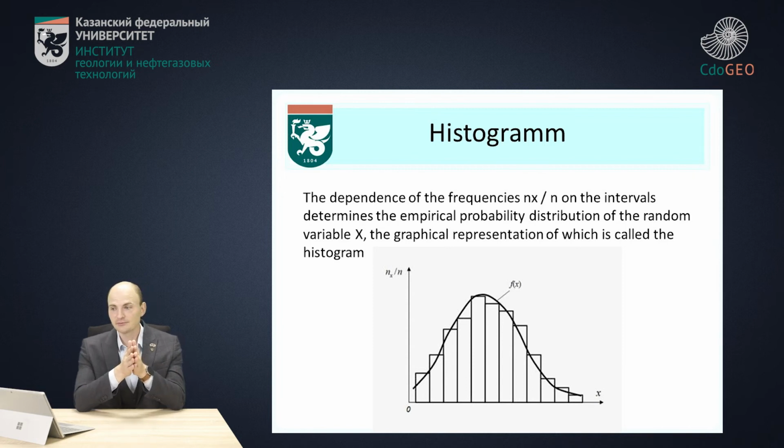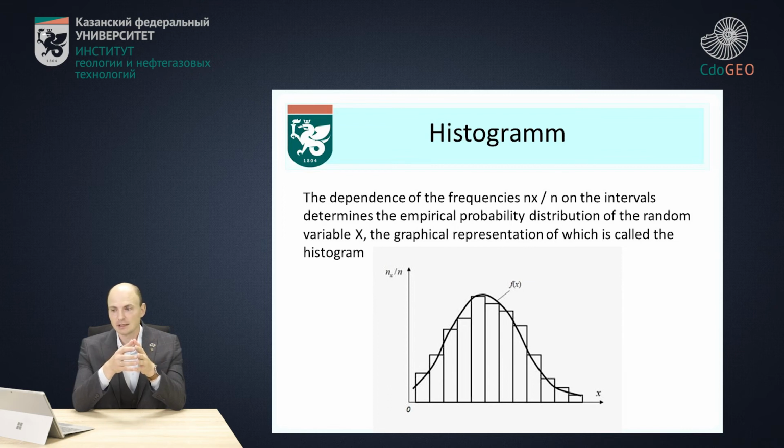The dependence of the frequencies on the intervals determines the empirical probability, and it can be shown as a histogram. On the y-axis of the histogram, we get the relative frequency of a certain value. On the x-axis, we get the certain value of the variable.